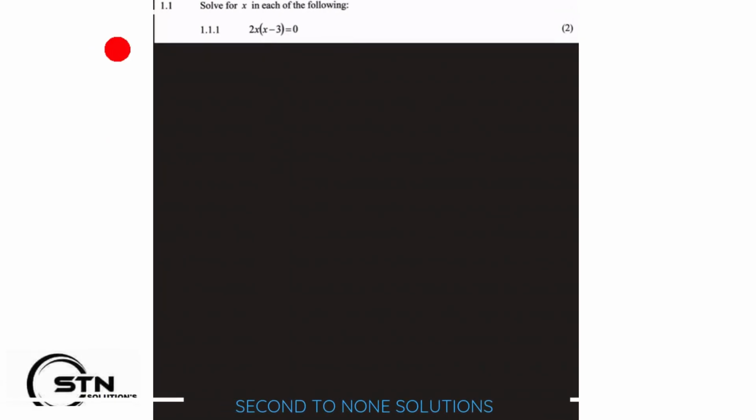One, so we are going to go through a couple of questions involving equations and inequalities. The first one says I have 2x(x - 3) = 0, and I need to solve for it.